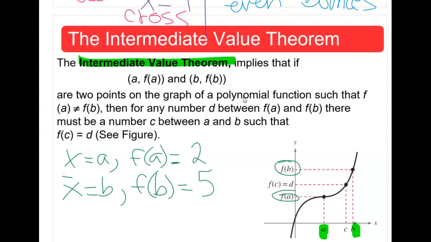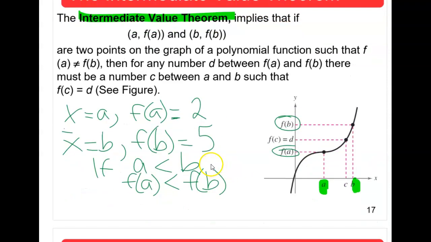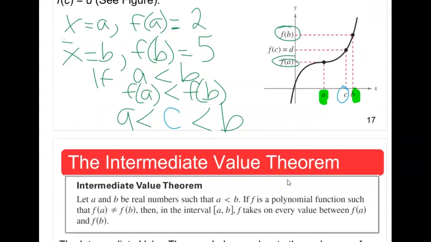So if a is less than b and f of a is also less than f of b, this is also a good example of an increasing function, but what we want to say is that there is a number in between a and b for the x values, and here we're calling it c, for which f of c is also in between.